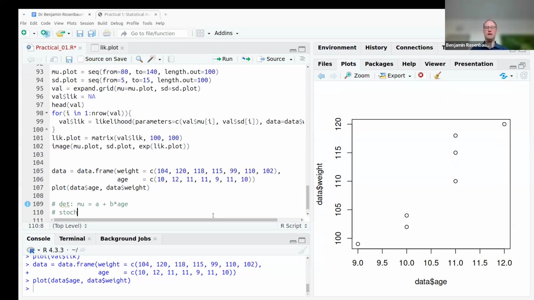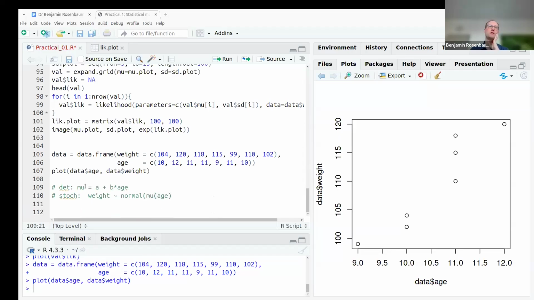And the stochastic part is that weight is normally distributed around some mu, which depends on age. So mu is a function of age. I could also write mu of age here. But we have some standard deviation sigma.